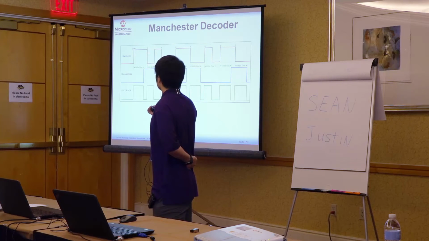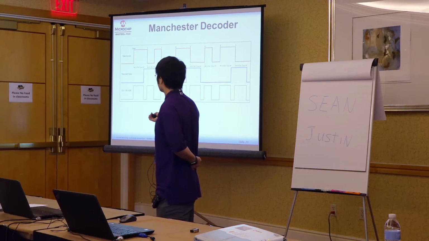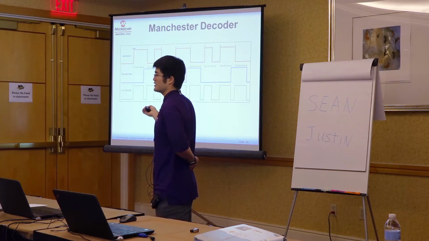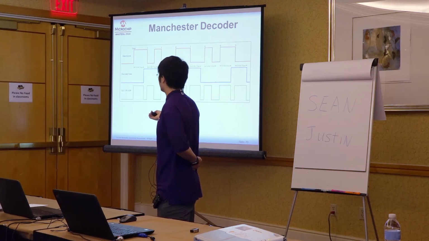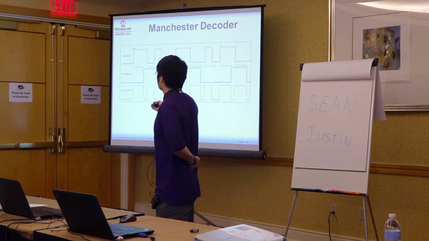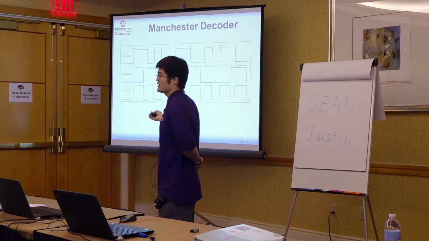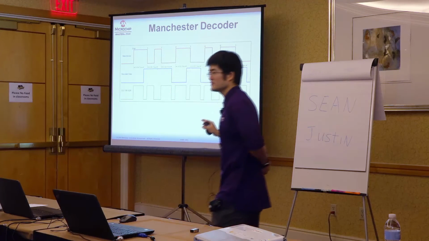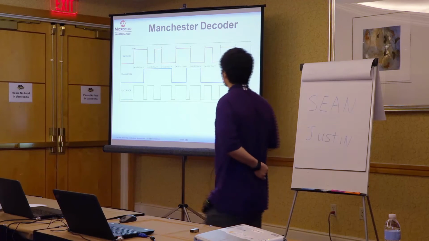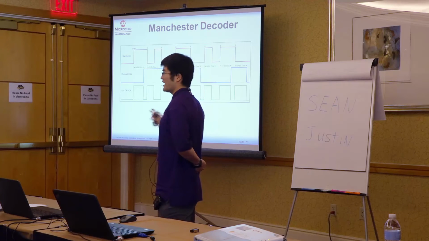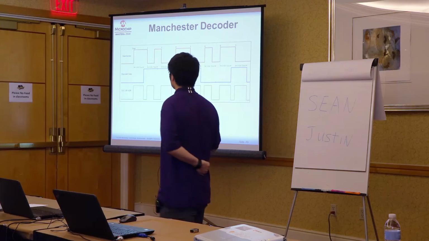If it's a 1 followed by a 1, there's a transition happening in the middle, and then I do XOR, there's going to be a transition happening here. If it's a 1 followed by a 0, there's no transition happening in the middle, and then I do XOR, I get this a little bit wider in time. Make sense? Awesome.